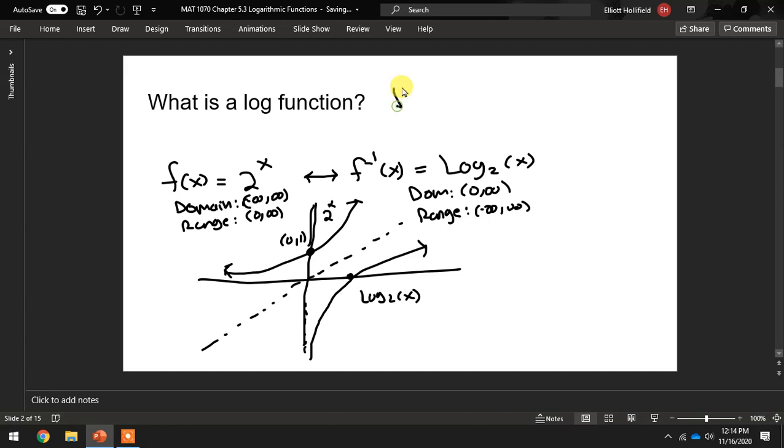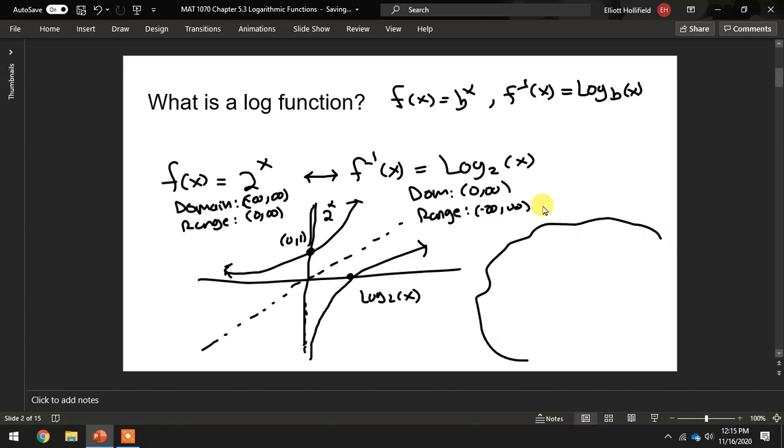And in general, if we have f of x is equal to b raised to the x power, and b is not equal to 0, then f inverse, the inverse function of this exponential, is defined to be the log base b of x. And now what is the key property that we have? Remember, if we compose an inverse function with the original function, then this gives us x.